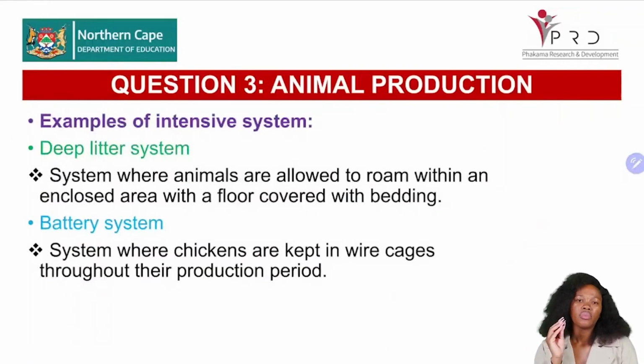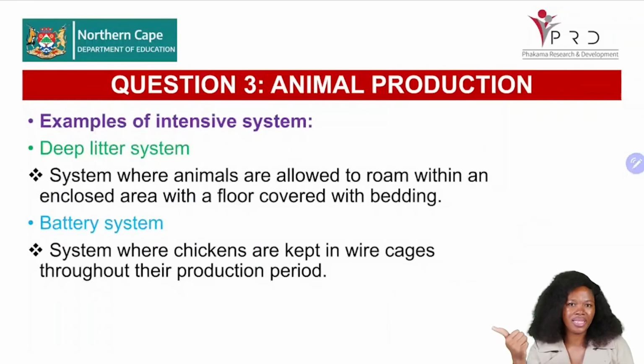Now, there are various examples of intensive production system. Firstly, we have the deep litter. Remember we said under intensive, the environment is modified. There is a provision of a shelter just to cater to the needs of farm animals.